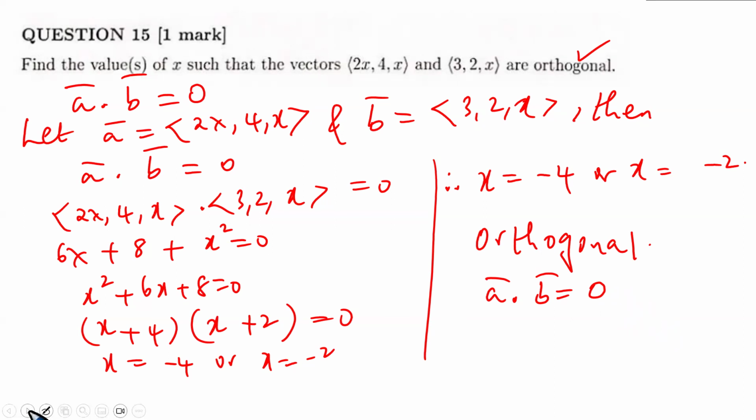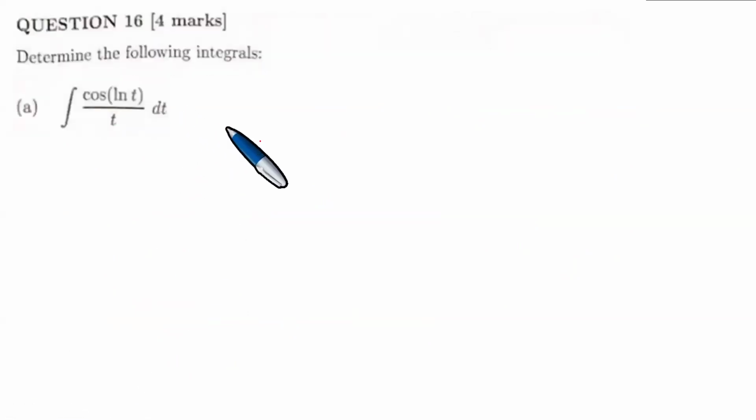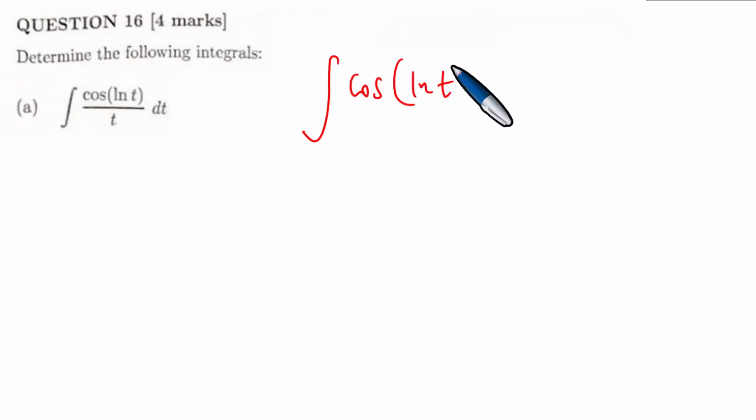Remember, we're looking at the past exam questions here. The next question is this integral. We're given the integral of the cosine of the natural log of t, divided by t, dt. Try this one quickly, please, and as soon as you're done, let us know so that we can discuss the solution together.